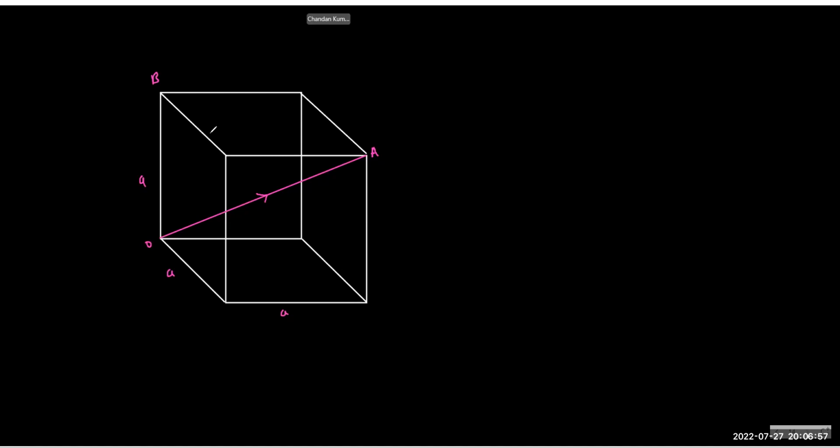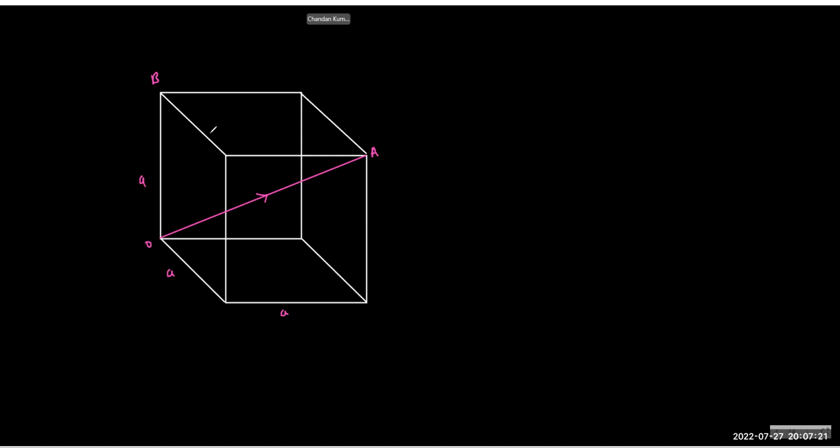Can you see the shadow length? Shadow length is A. Yeah, A itself is the answer. It means no need to solve actually.